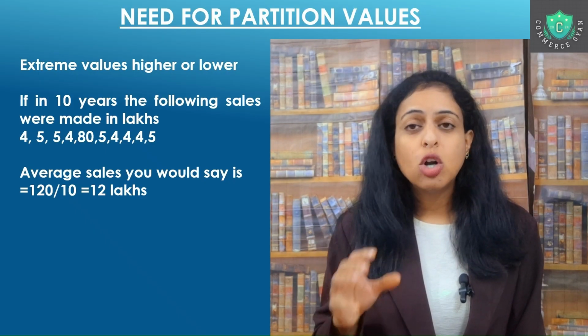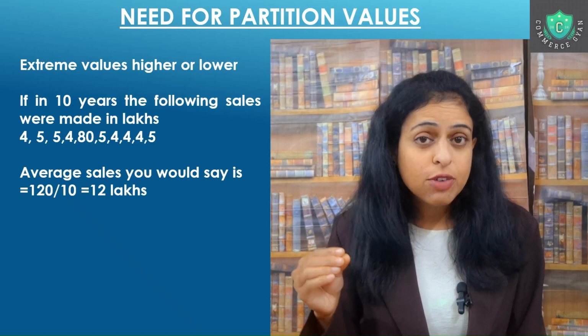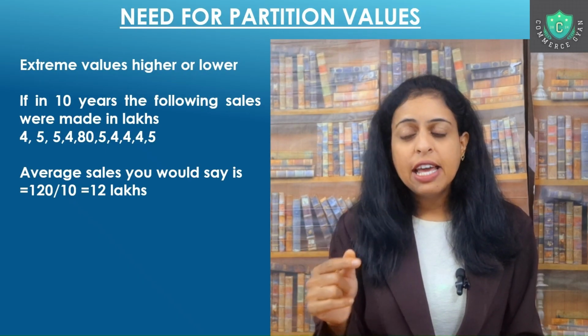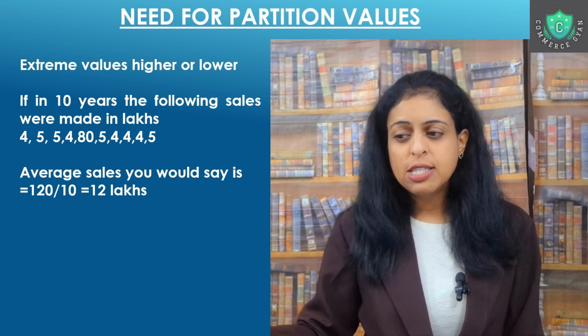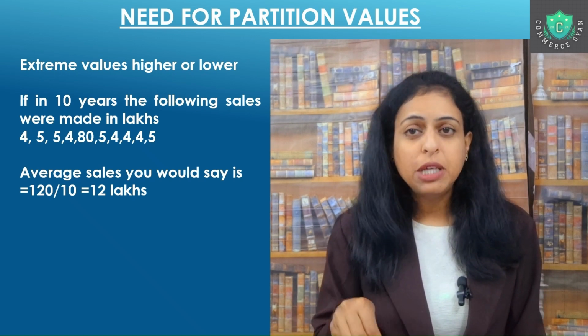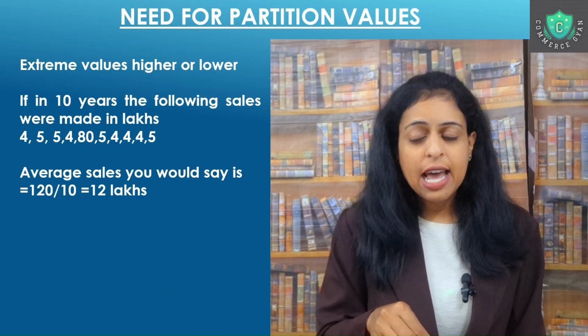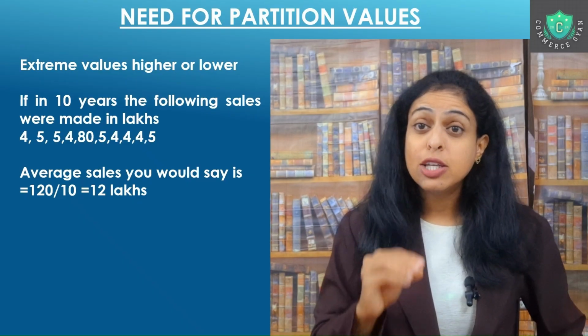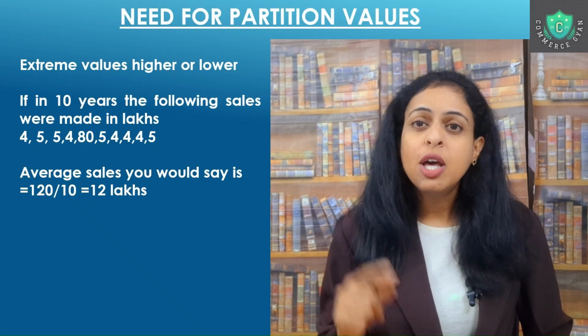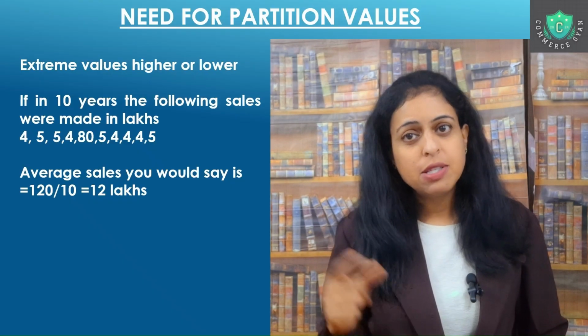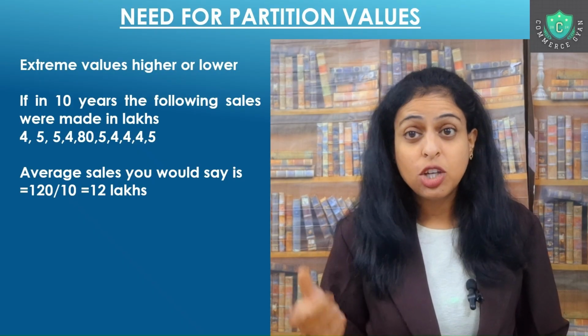The average does not give us a correct picture, and hence we need different measures, namely median, quartiles, deciles, and percentiles, which are used in economic analysis. We will see how they are computed with the help of examples in the video ahead.